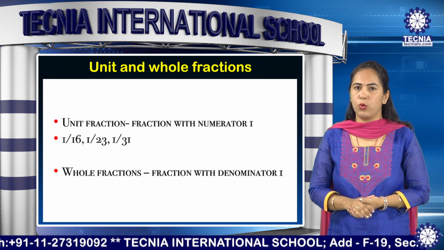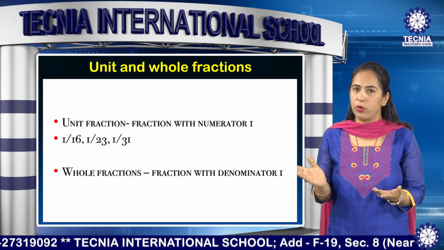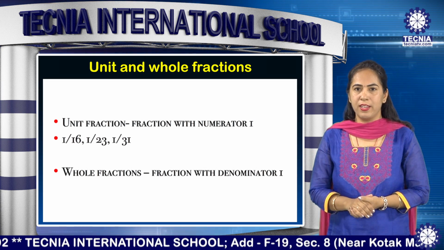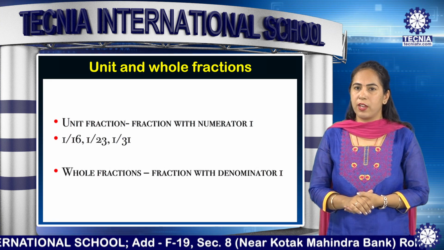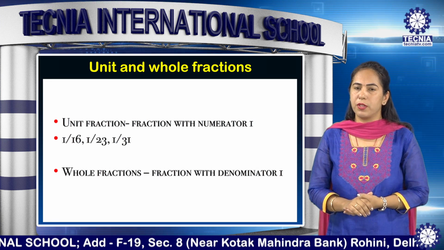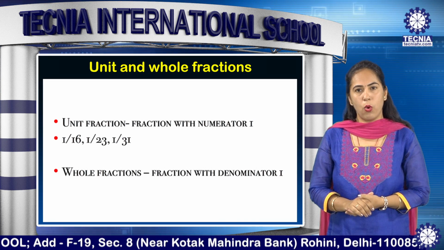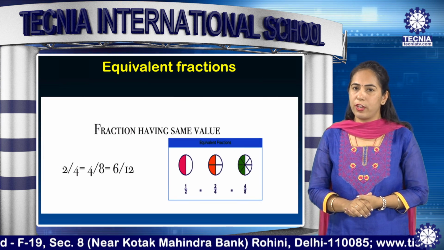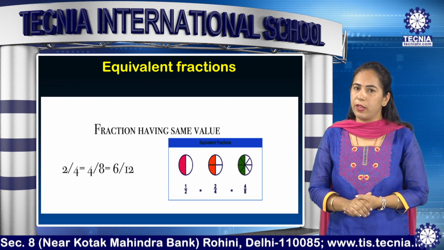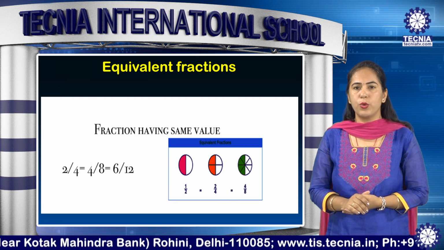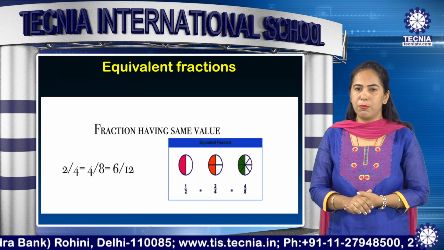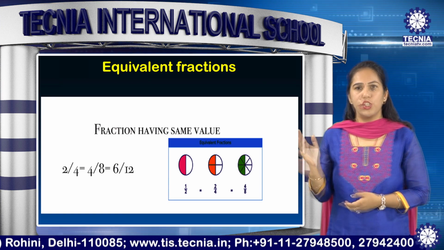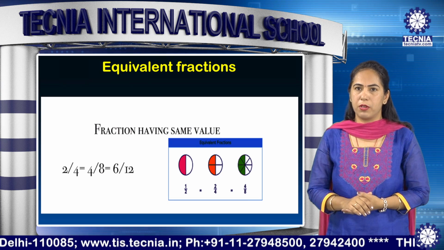Whole fractions are those in which the numerator is equal to the denominator, like 7/7, 5/5 etc. When we divide the numerator by the denominator, we get 1 as the whole number. Equivalent fractions have the same value, like 4/8 is equal to 8/16, where the ratio remains the same by multiplying the numerator and denominator with a non-zero number.